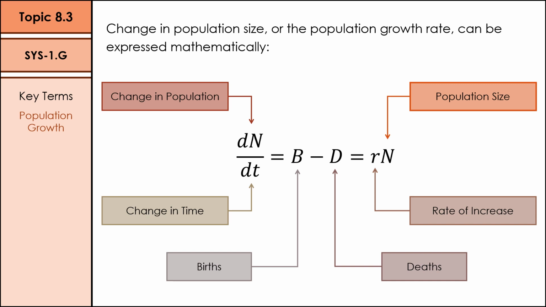That rate of increase, little r, is going to be an important factor that will pop up in both our exponential population growth and our logistic population growth to refer to how fast and how many individuals are added to our population within a period of time.